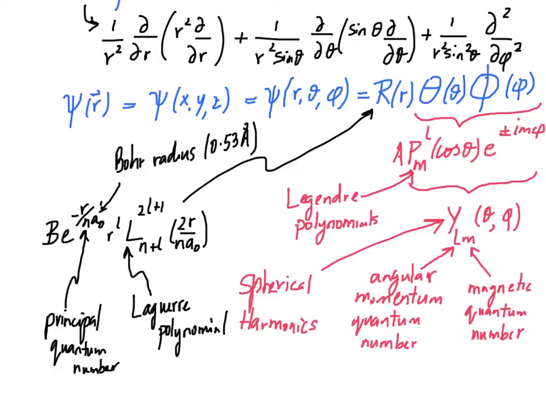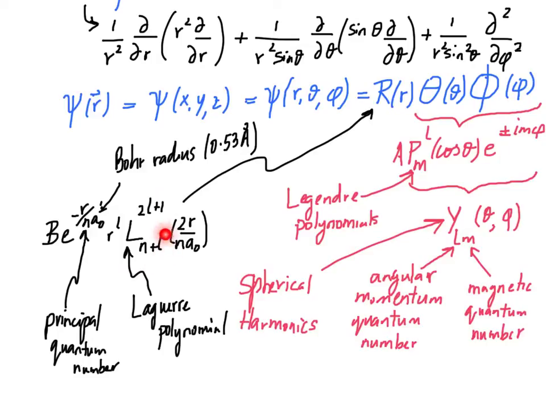Okay, so that's the first piece of our radial solution, and then the second piece has r, the radius, to the l, where l is of course our angular momentum quantum number. The last piece of the radial solution has another special type of polynomial called the Laguerre polynomial, which is represented by capital L, and it's a function of the radius and the principal quantum number.